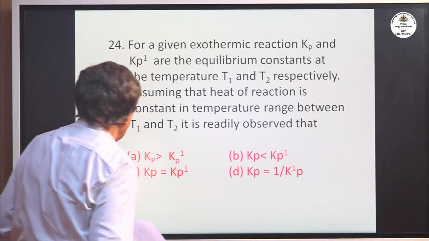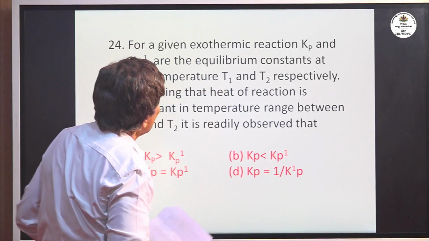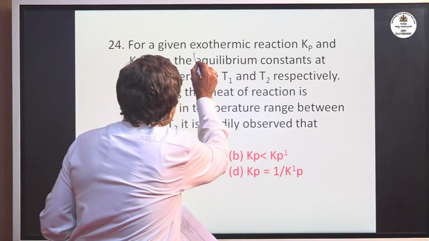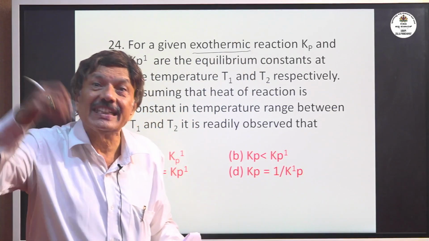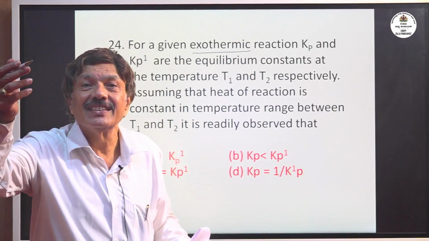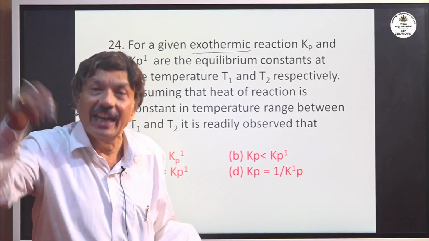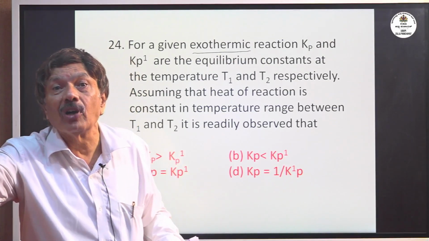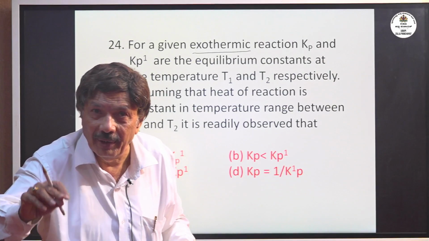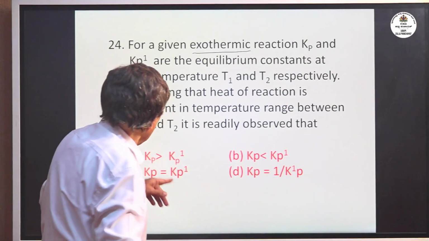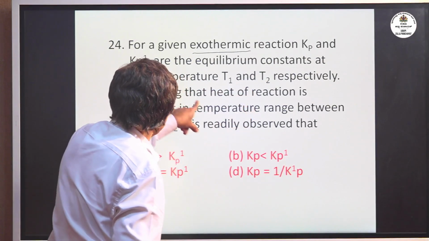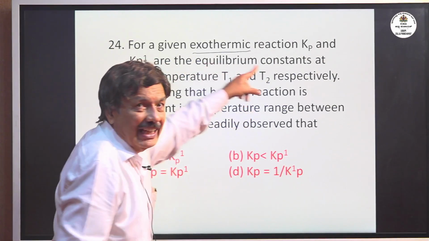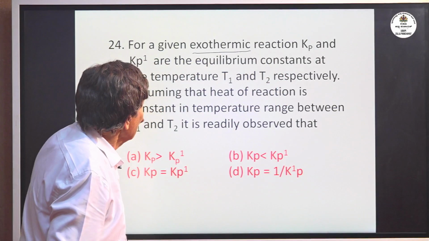The next one. See here. Exothermic reaction. As the temperature increases, the forward reaction becomes unfavorable, and the new equilibrium constant will decrease. The new equilibrium constant at T2 is given as Kp dash, and Kp is the initial one.